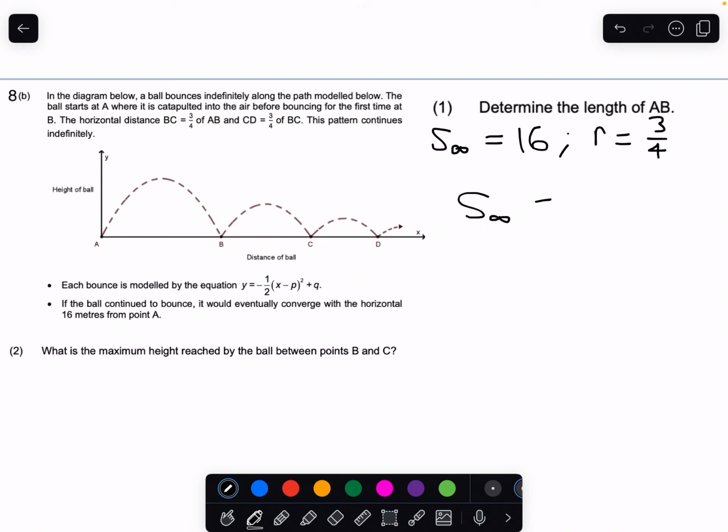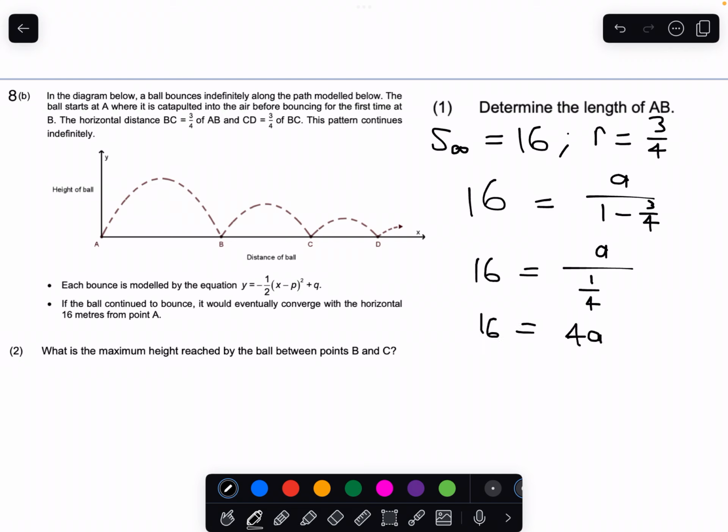Using the formula, 16 is equal to a over a quarter. So 16 is equal to 4a, therefore a is equal to 16 over 4, which is 4. So the length of that first horizontal distance is 4 meters.